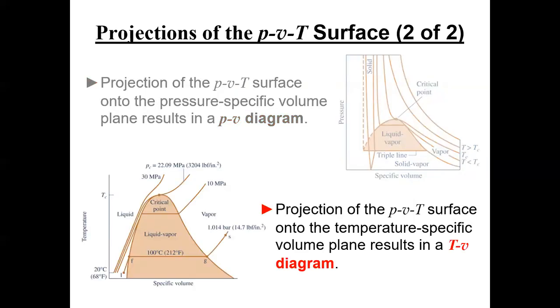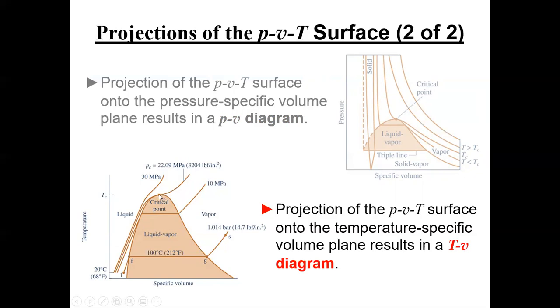Okay, so there is a TV, temperature versus specific volume diagram. And so note, on this diagram, we can put in isobars, lines of constant pressure. And so you see this would be the critical isobar because it is tangent to the critical point, just touches it, that one point.